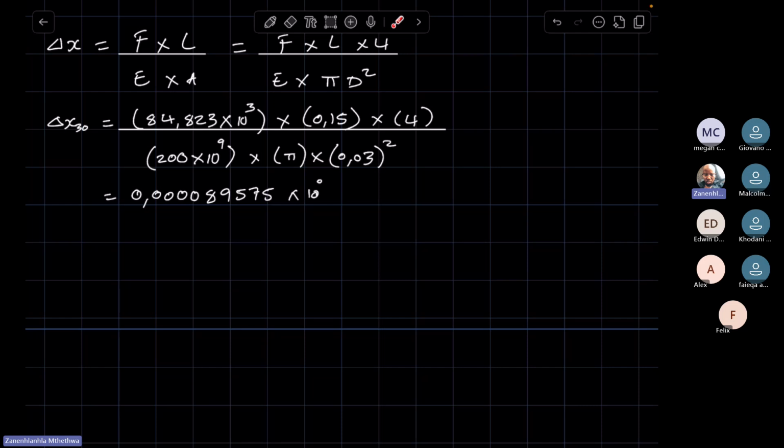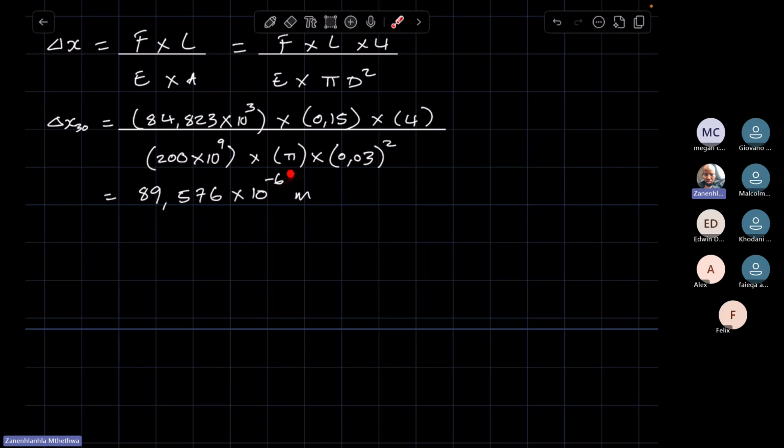So it is better for accuracy purposes to use engineering notation. For instance, here you would have 89.576 times 10 to the negative 6, and remember that this is in meters. So for accuracy purposes, that is why we use engineering notation.